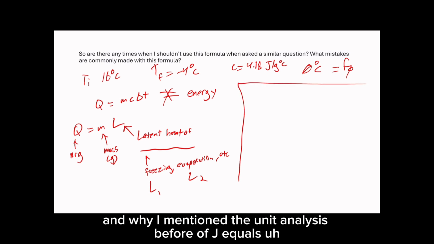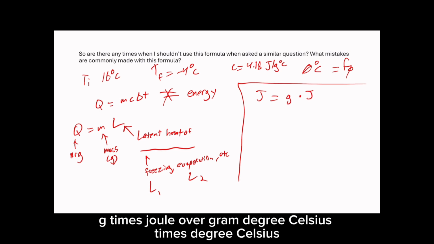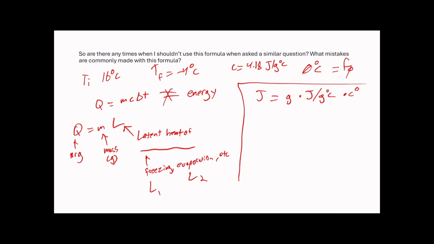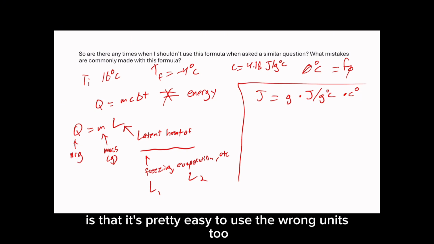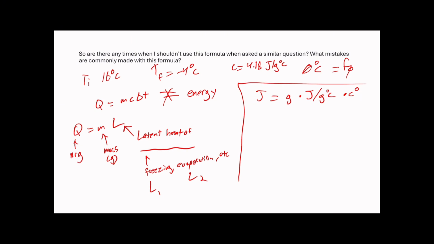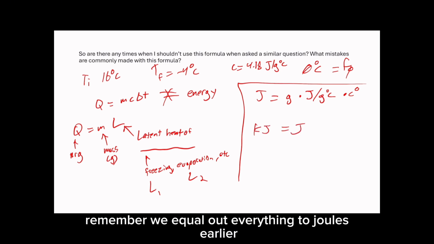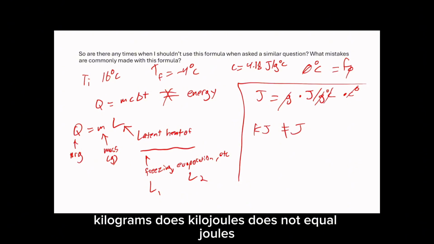Another problem, and why I mentioned the unit analysis before of J equals g times joule per gram degrees Celsius times degrees Celsius, is that it's pretty easy to use the wrong units too. Say you're given kilojoules. Remember, we equated everything to joules earlier. Kilojoules does not equal joules.